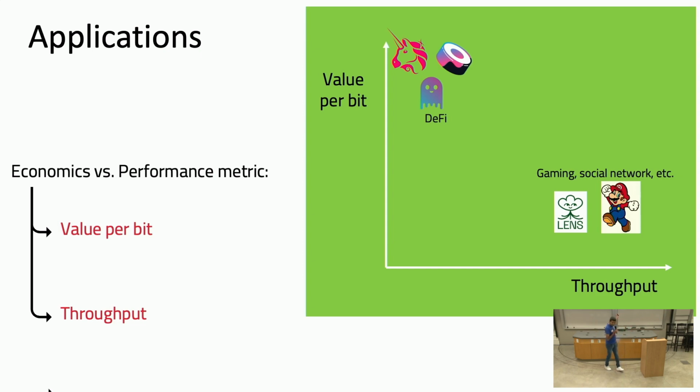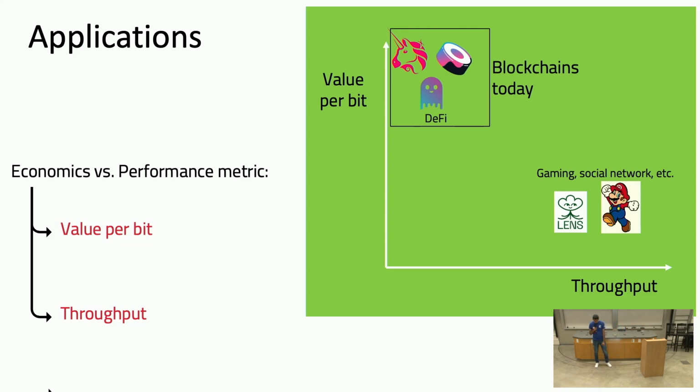So the value per bit is low, but there is a lot of it, and once in a while it's very valuable. So to unleash hyperscale applications, we need to figure out how to move blockchains to not only handle the upper left quadrant, which is high value per bit and low throughput, but go to high throughput and low value per bit.